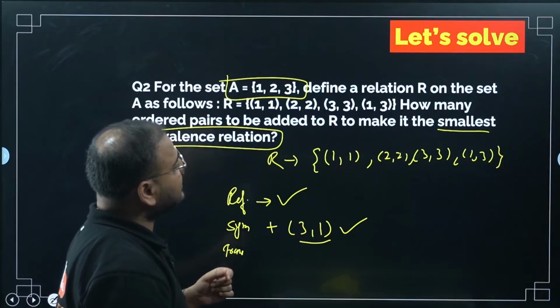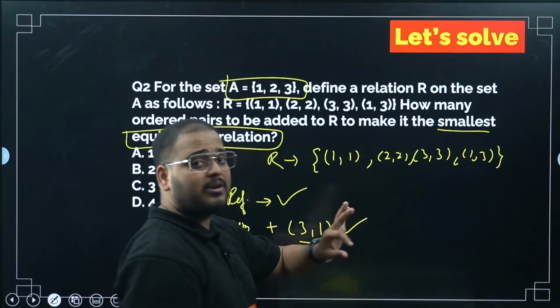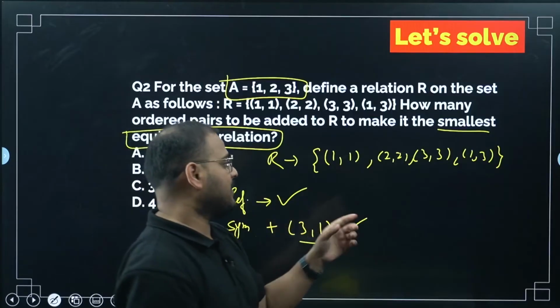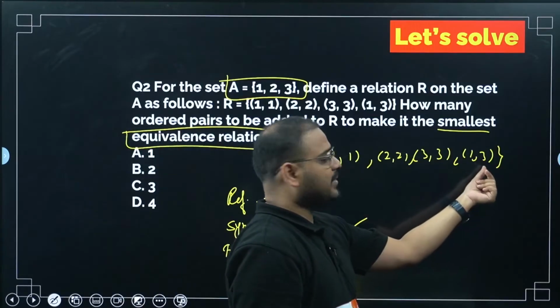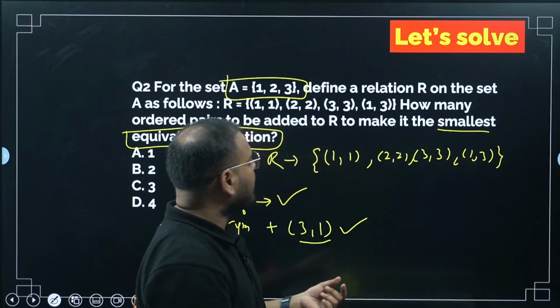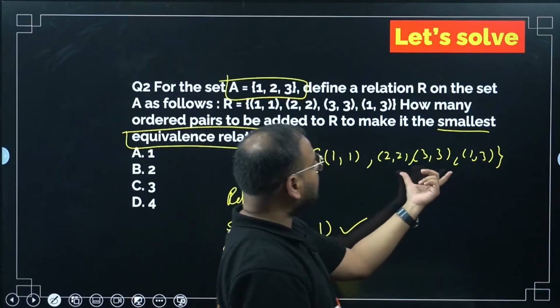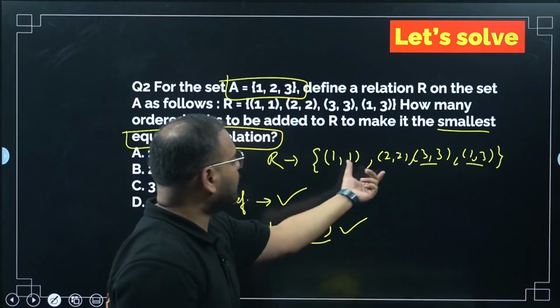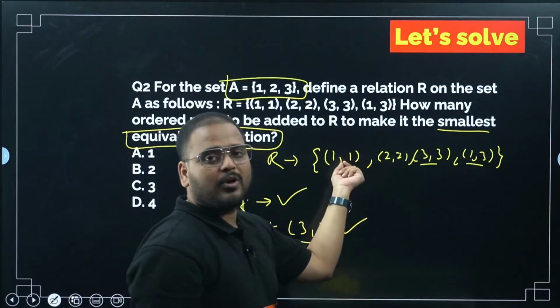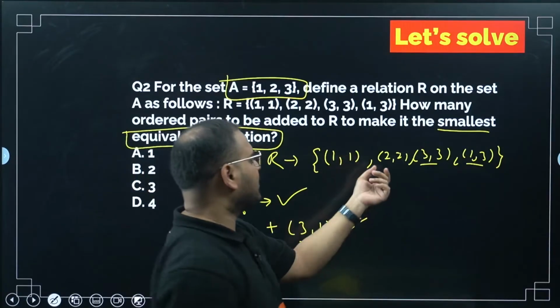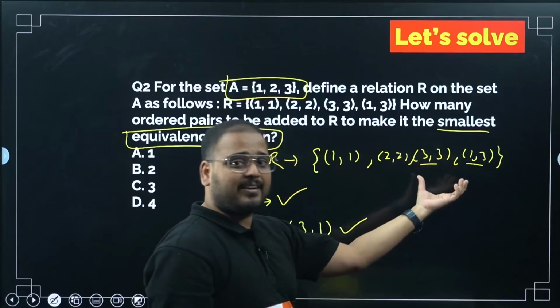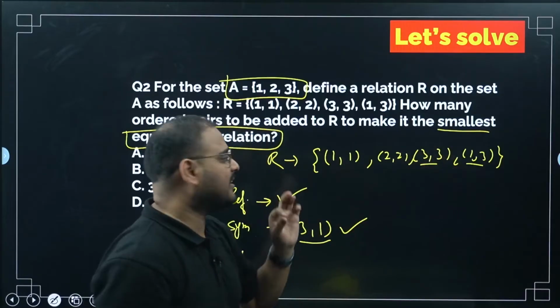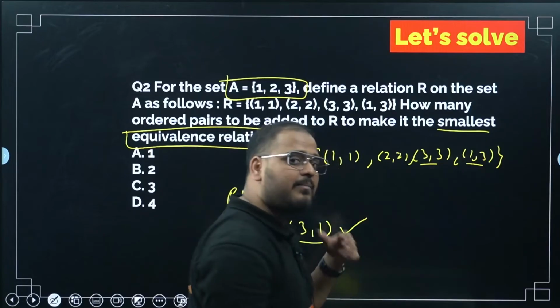For transitive, we don't have to check when it is (b,b) followed by (a,b). Rest all we don't have to check. (1,1) and (2,2) do not make a transitive pair. Because if (b,b) (a,b) is there, then (a,b) is already there.